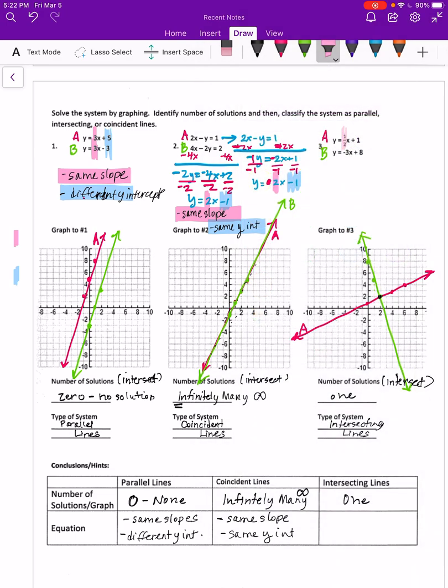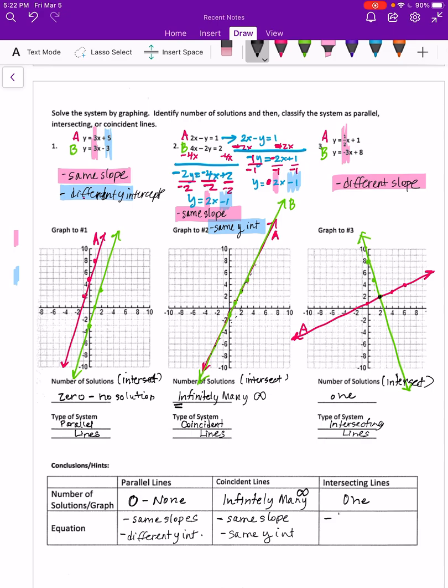All right, last but not least, let's go back to look at our slopes again. So look at this slope. This is 1/2 and this is -3. So when you have one solution, they are going to have different slopes. And then the y-intercepts for that really do not matter.